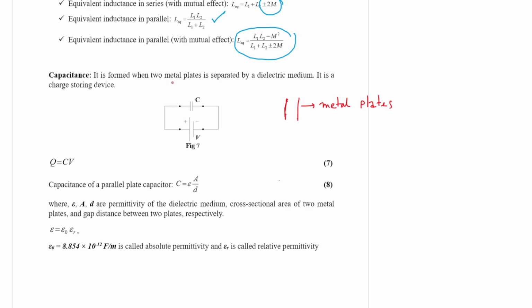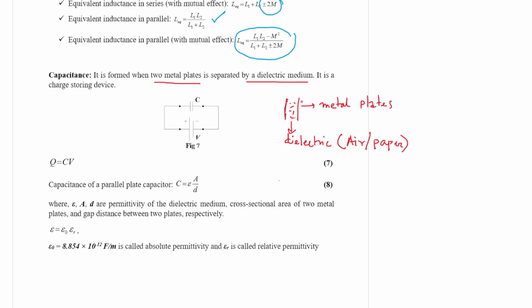So if two metal plates are separated by a dielectric medium, in between it is a dielectric medium. It may be air, it may be paper, whatever, any dielectric medium.